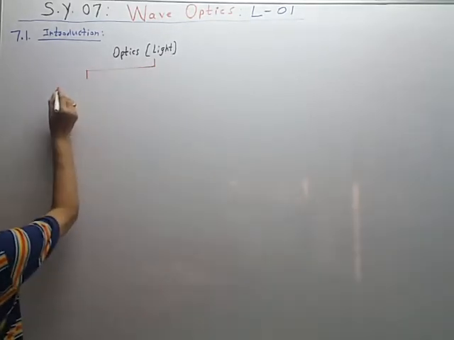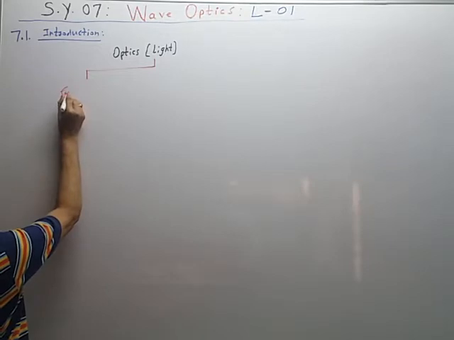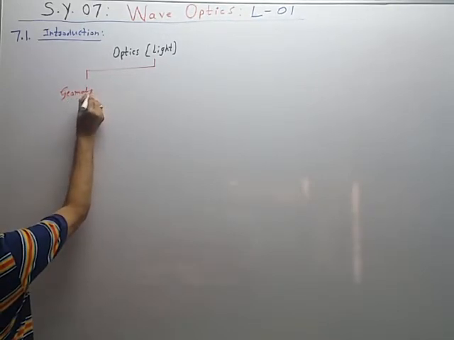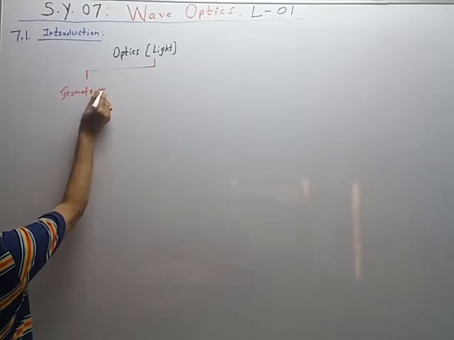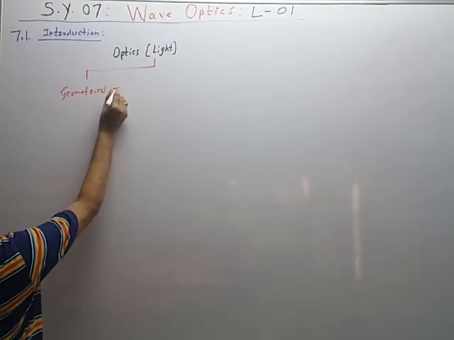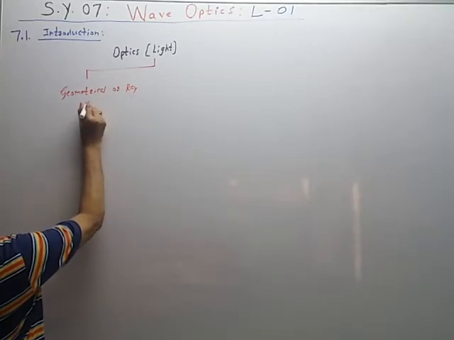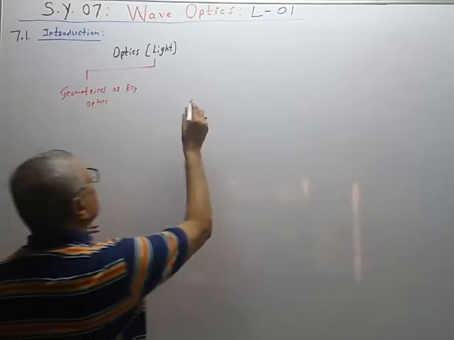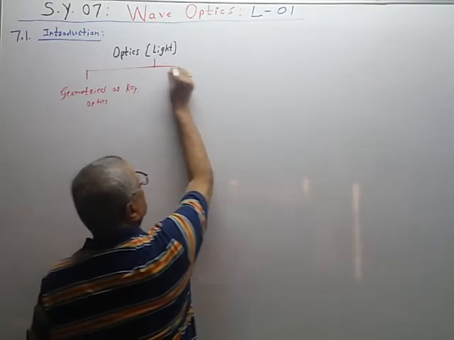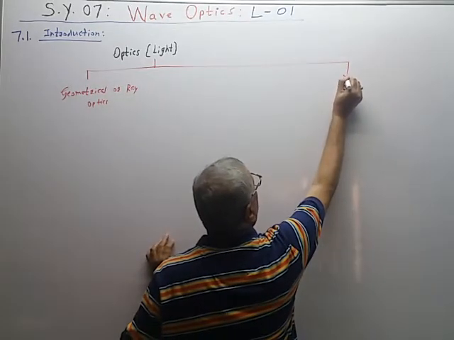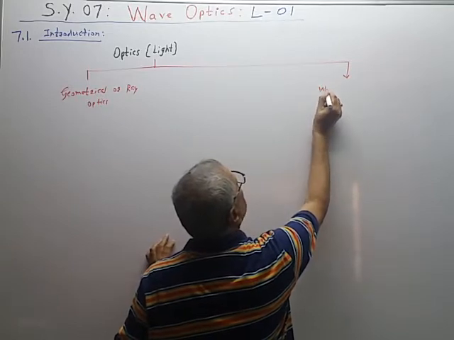One is geometrical or ray optics. Ray optics. And the other one is wave optics.